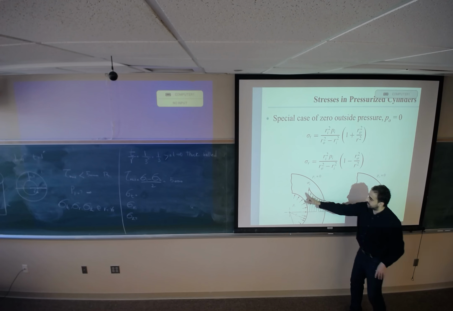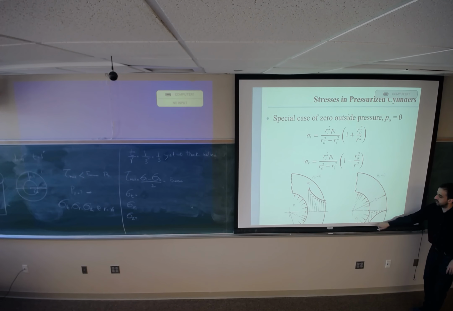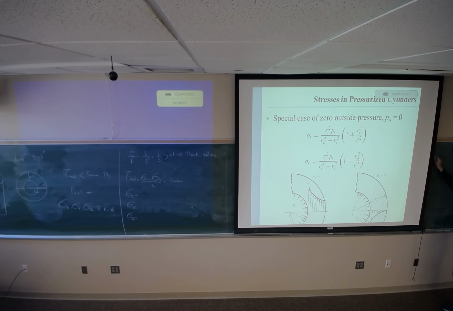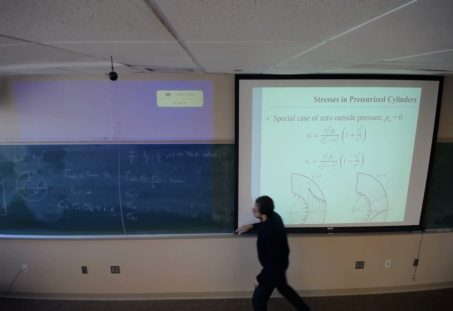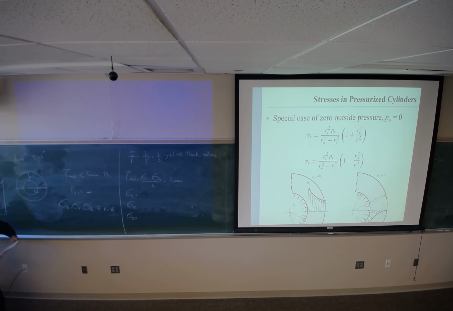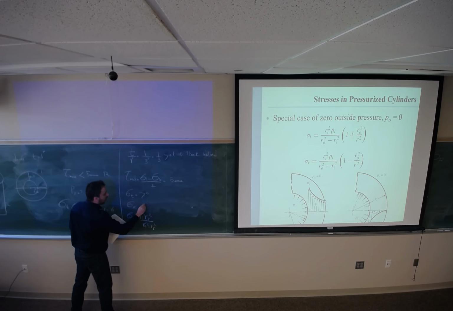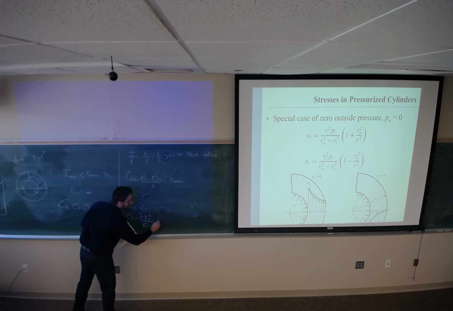This is tangential, it's positive, always tensile. This is radial, it's always negative. And sigma Z, the last one, where we have the cap, is Pi Ri squared divided by Ro squared minus Ri squared. So sigma T is positive, sigma R is negative, and this one is positive as well.